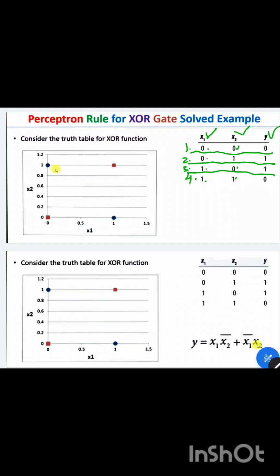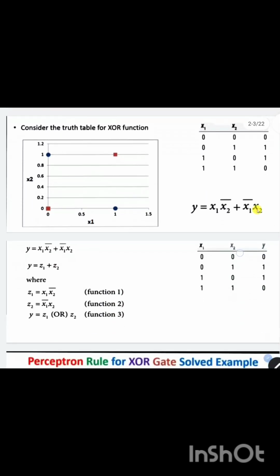So how does XOR work? The actual function of XOR is if x1 and x2 are the inputs, so XOR output of x1 and x2 would be y. Y is calculated as x1 into x2 whole bar plus x1 bar into x2.